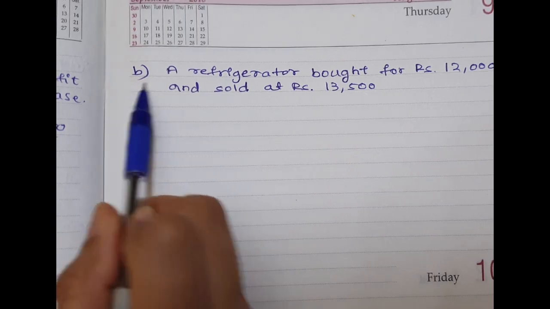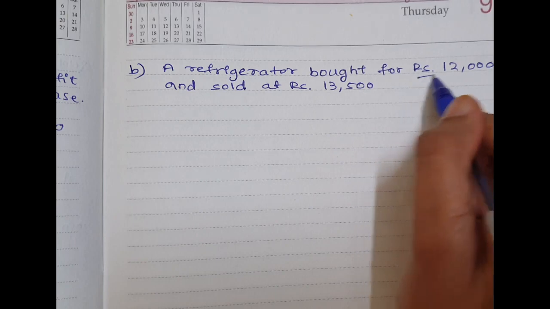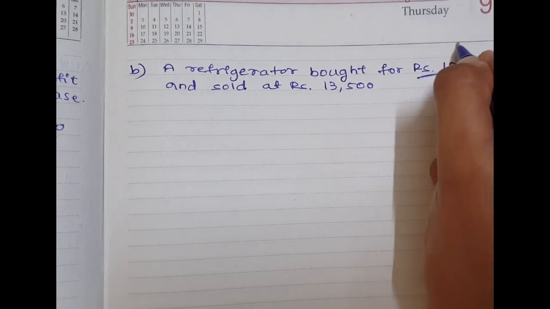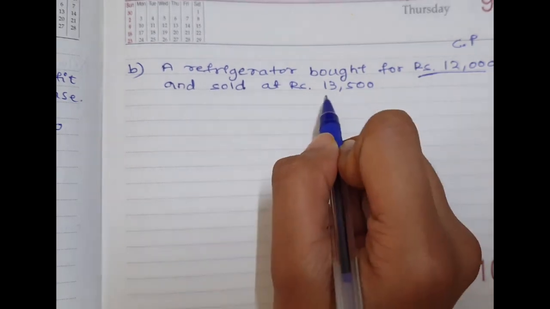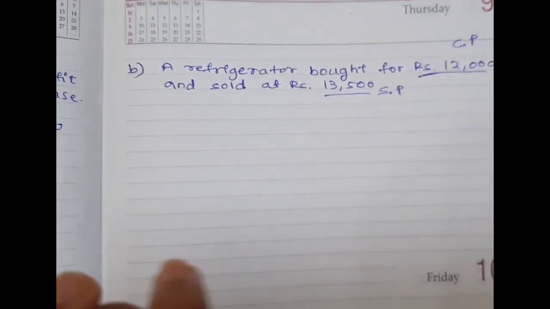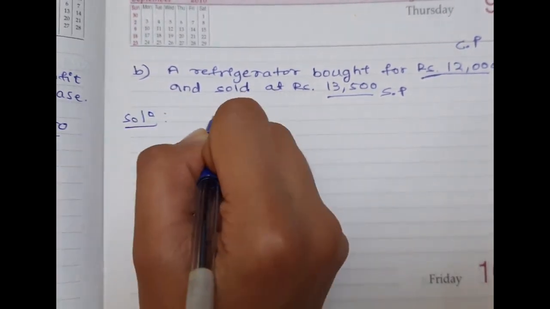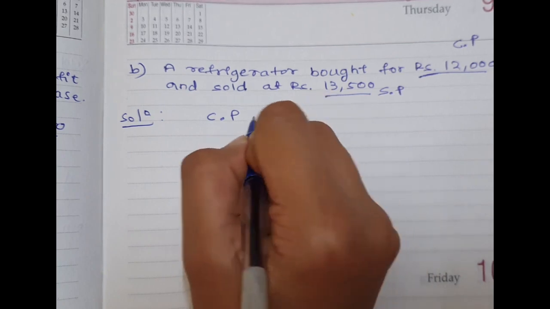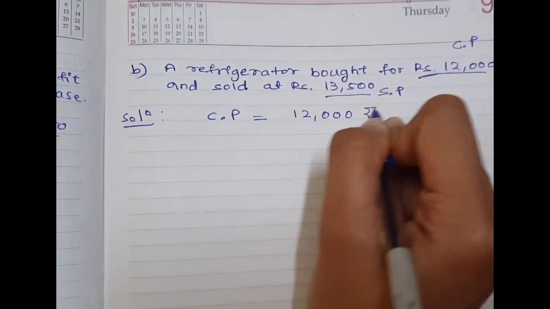Now, second one, B. A refrigerator bought for rupees 12,000. That means this will be the cost price. And sold at rupees 13,500. That means this will be the selling price. First, let me write the cost price. Cost price is equal to 12,000 rupees.